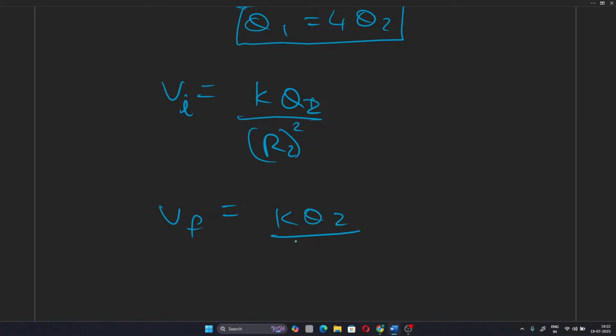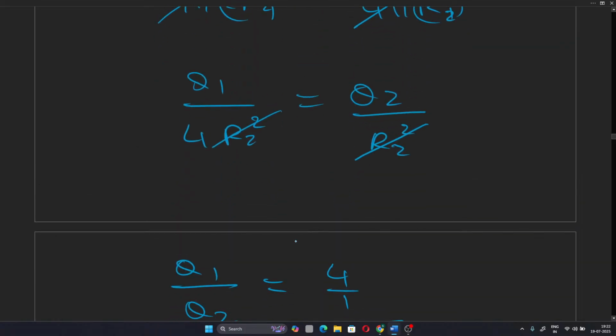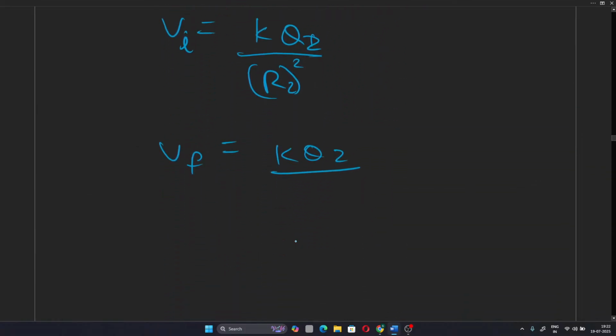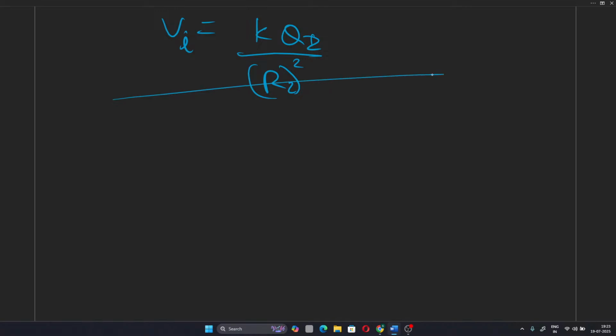I believe there was no need to find all the surface density and charge ratio. It is better if we don't use this formula. Let's go again from the start.